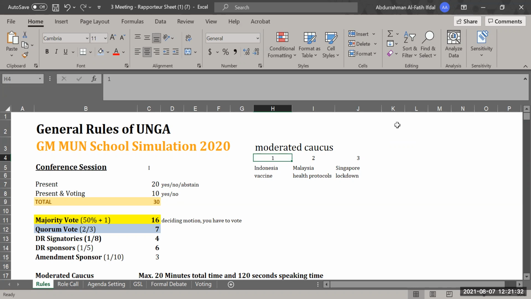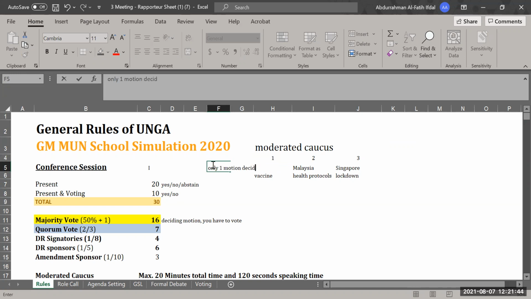Indonesia the first one, Malaysia the second one, Singapore the third one. Now, as we have already understood, there are three motions on the floor, right? And there can only be one motion decided.